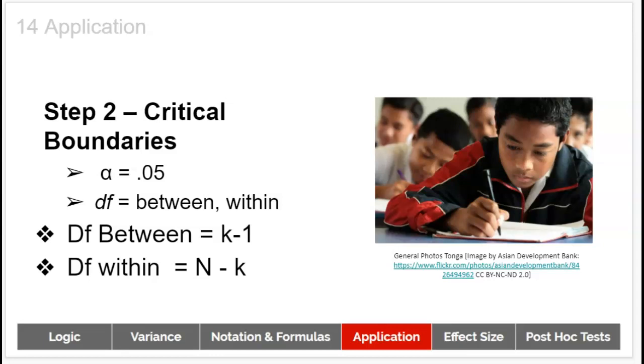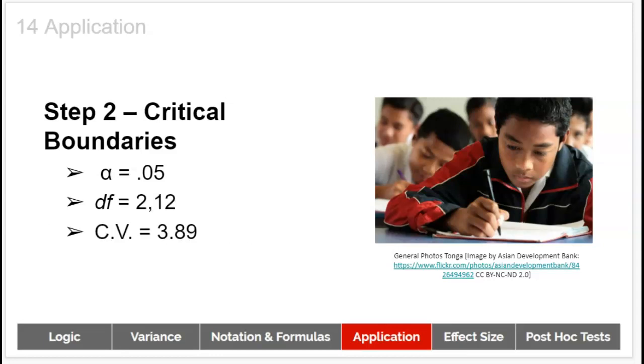All right, so then you are going to use your degrees of freedom between and degrees of freedom within and look at your F distribution table. So you should have gotten degrees of freedom between was 2, degrees of freedom within was 12, so 4 plus 4 plus 4, or 15 minus 3. If you then looked at your critical region table, you will have gotten 3.89. So 3.89 is our cutoff score, which we're going to compare with how we get our calculations.